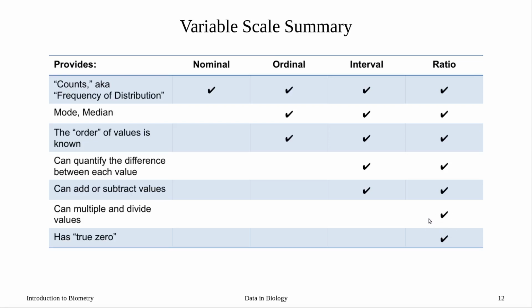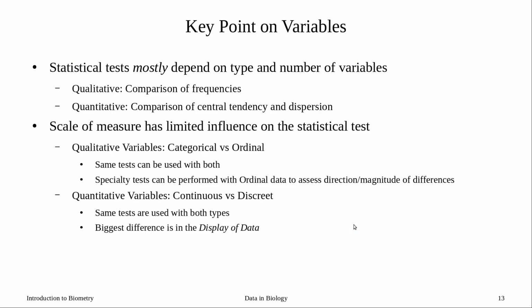And this isn't just multiplication and division for certain parts of the range of values that we could take, but it's for the entire range of values. So yeah, temperature, degrees Fahrenheit, we can multiply and divide when we have positive values, so when it's warm. But if we have warm values and we have super cold values, multiplication and division doesn't make sense. So it only applies for ratio, and then also ratio variables have a true zero.